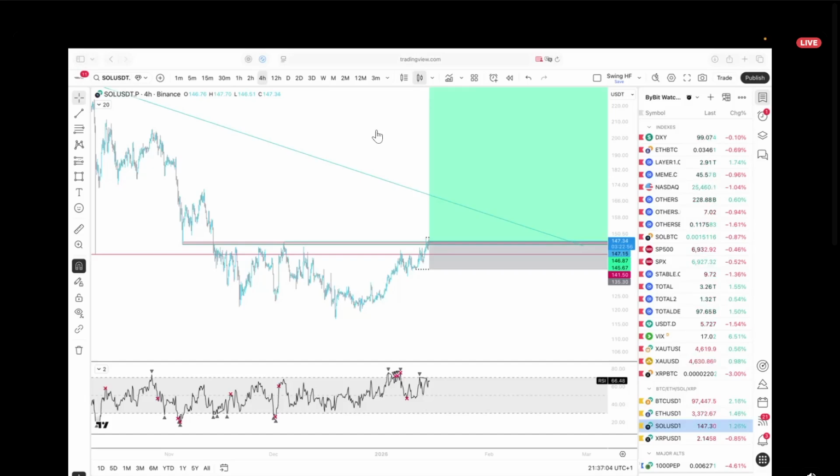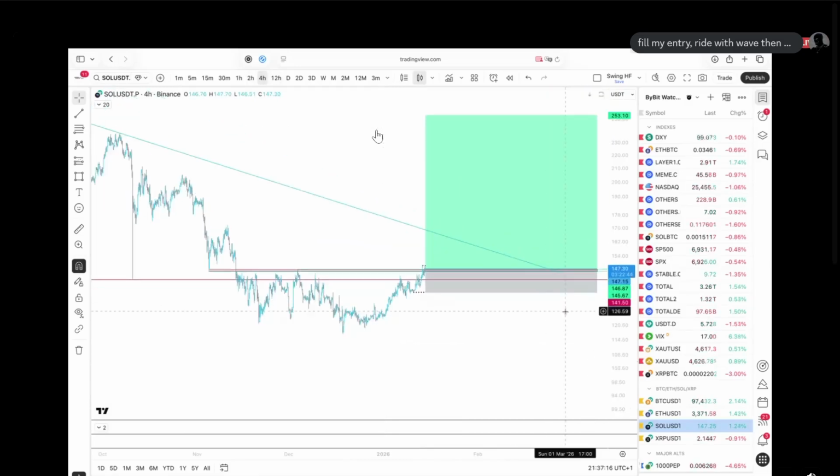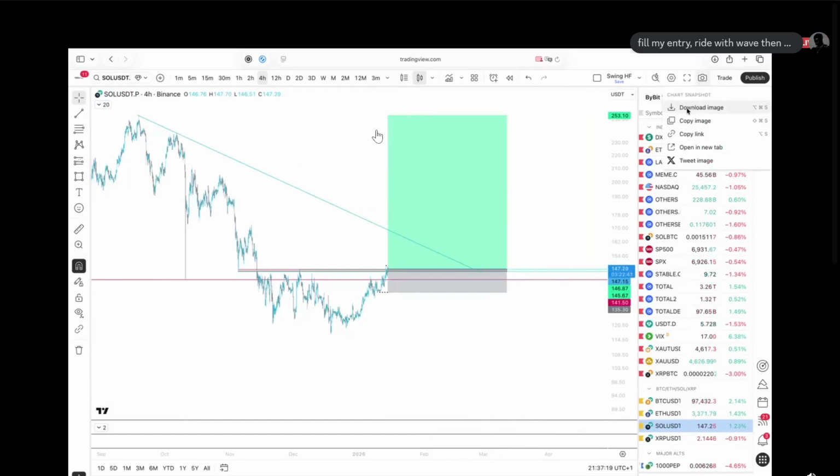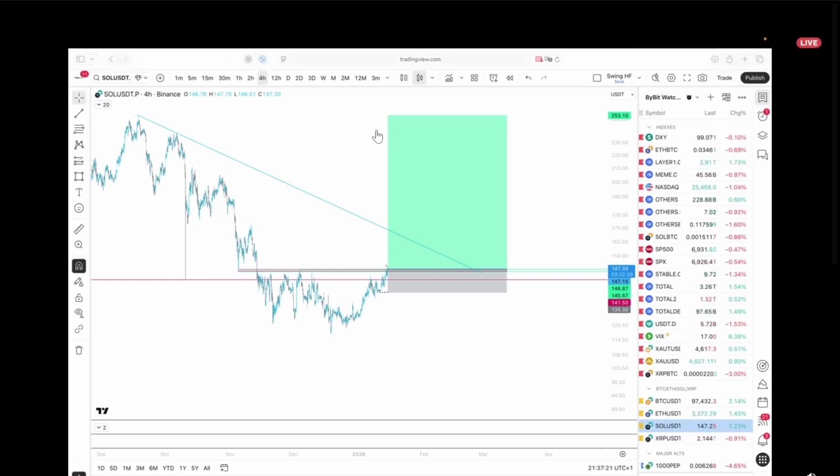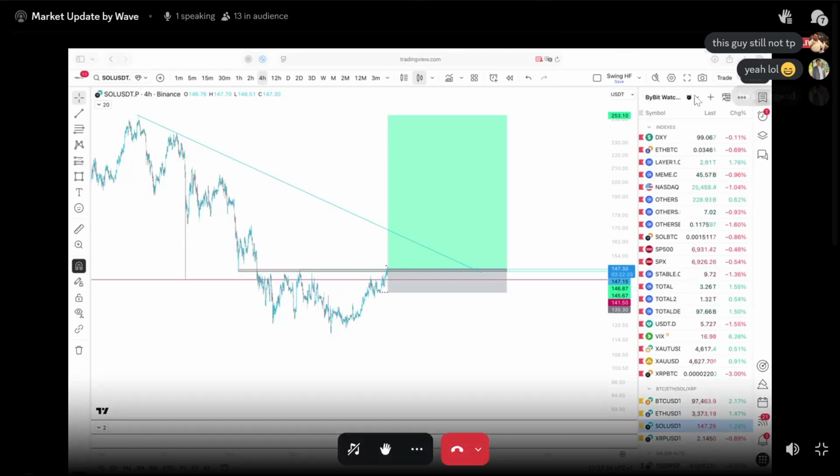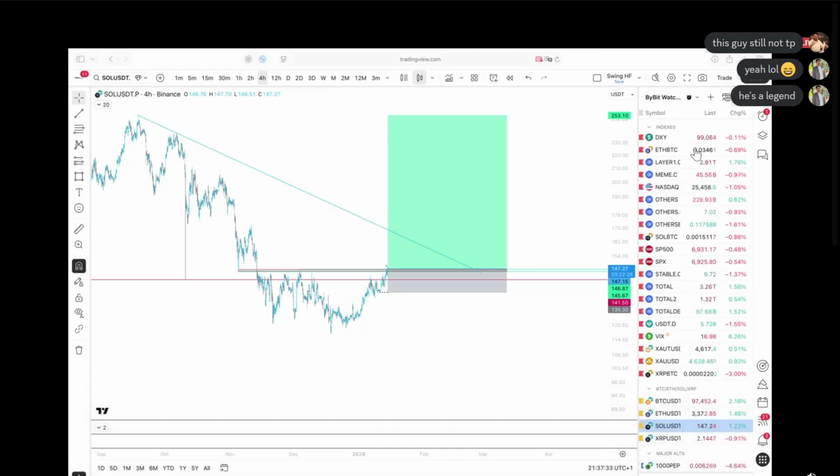Okay. One bid set. 147.25. Let me send the photo. On my corner, give me a moment. All right. Stop loss 135.3.